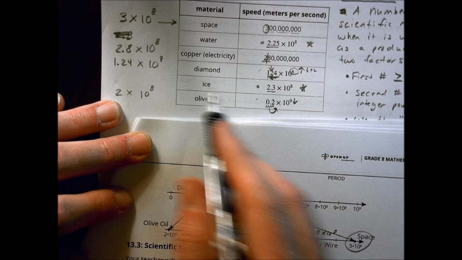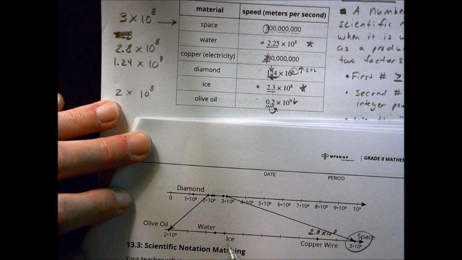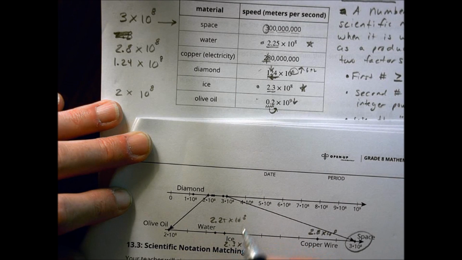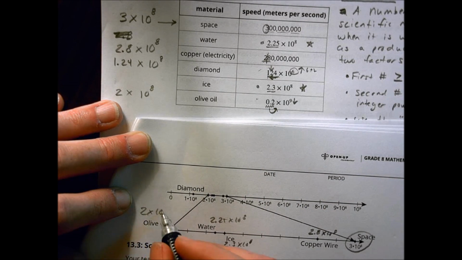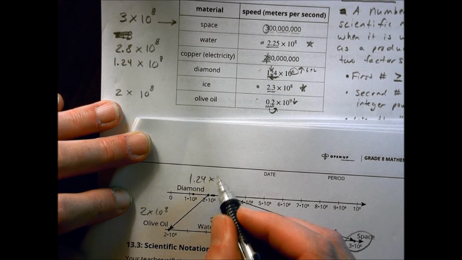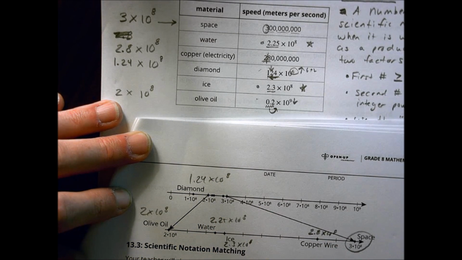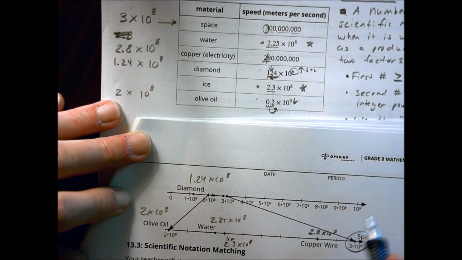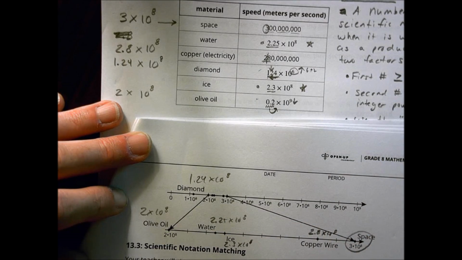We can see that our ice is still 2.3 times 10 to the 8th. Water is sitting here at 2.25 times 10 to the 8th. Olive oil is 2 times 10 to the 8th. Right? And then our diamond is over here by itself at 1.24 times 10 to the 8th. And so you can see how those same numbers in their scientific notation can be written on a little chart like this to make that work.